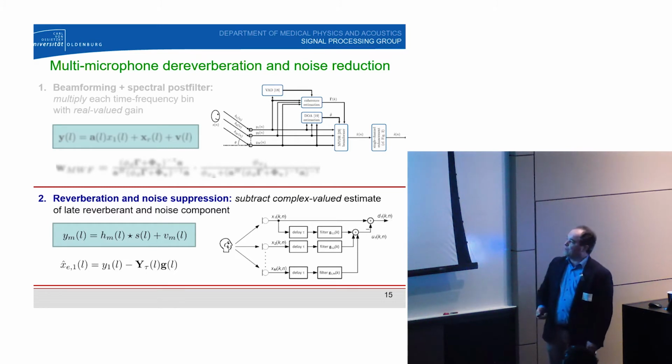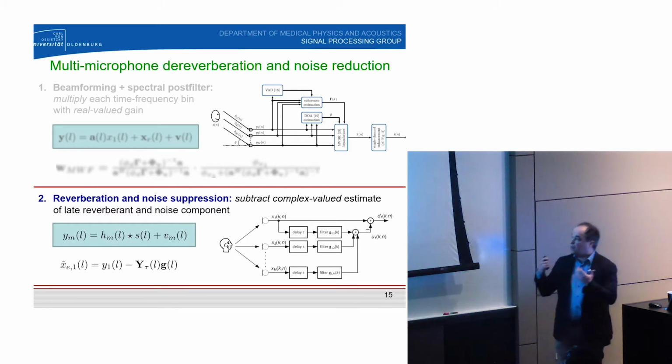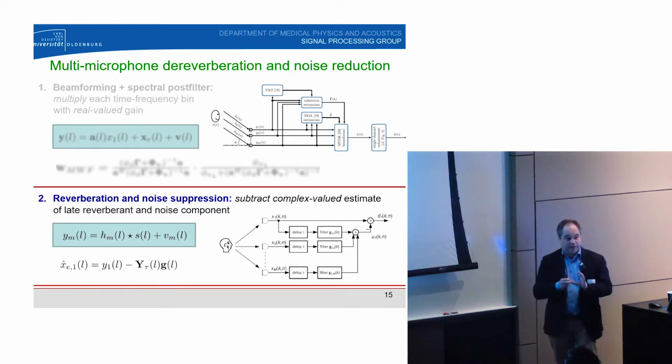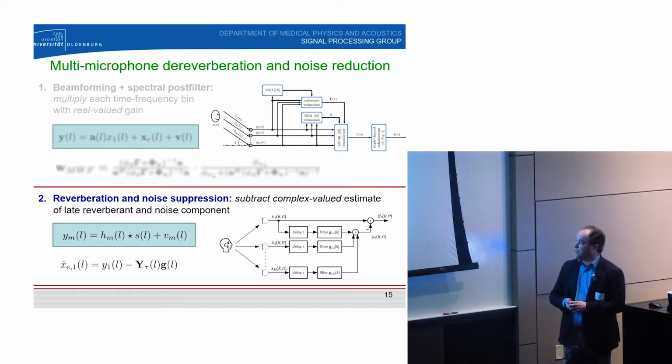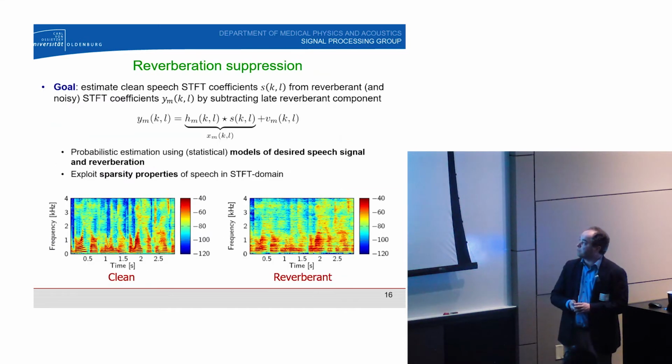At least if you use this subtraction, you really subtract an estimate of this late reverberation and the noise from the noisy and reverberant microphone signals. That means instead of using this approximate model, you really start from this convolutive model in the time-frequency domain and use that to estimate the clean speech, or at least the clean speech component.